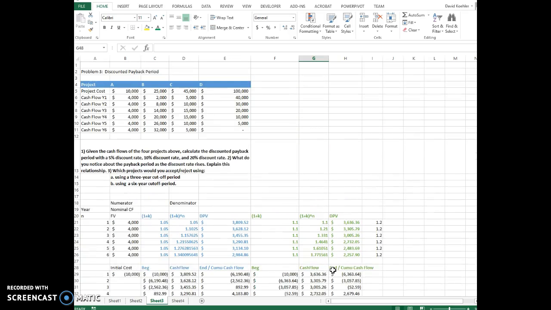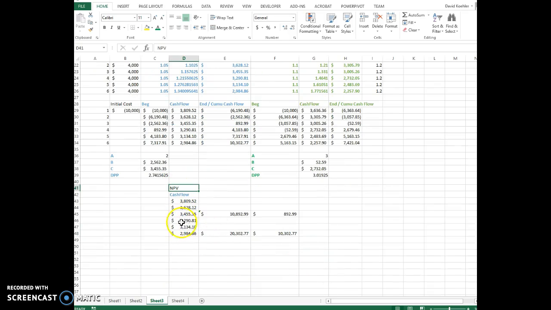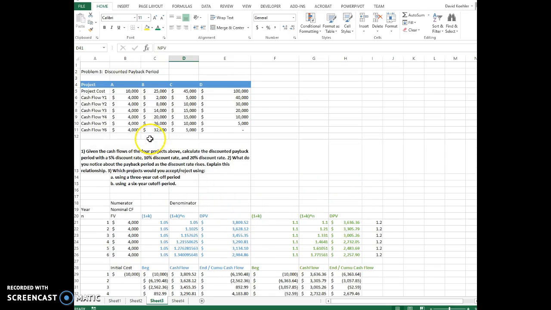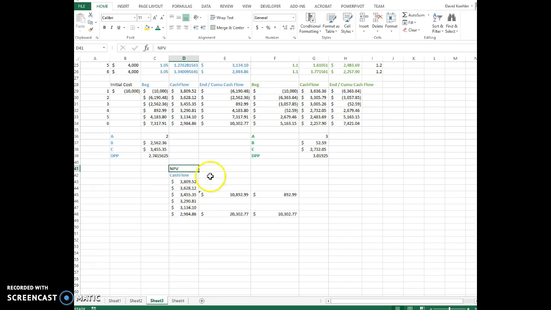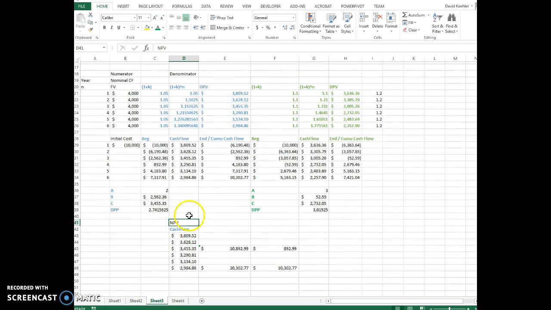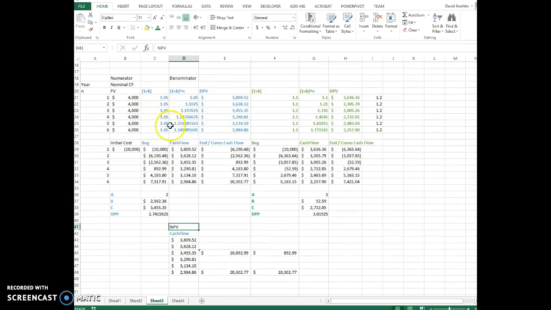All right. So that's an easy calculation. If you can do discounted payback period, that's probably a little bit more complicated than net present value, because all you have to do here is do this piece that you've done, which requires you to do these 4 lines, right? You don't have to do this cash flow stuff.